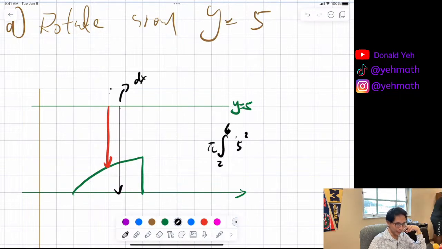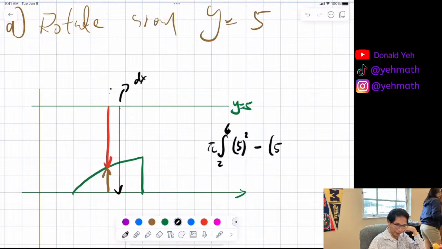So 5 squared, right? Minus the red. But be careful of the red though. The red is the black minus the brown. Do you see that? The black minus brown? So it's 5 minus the square root of x minus 2.